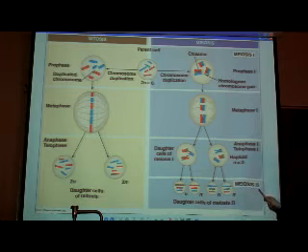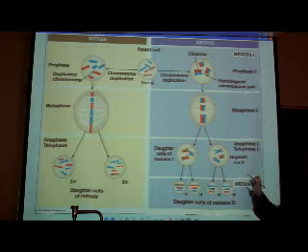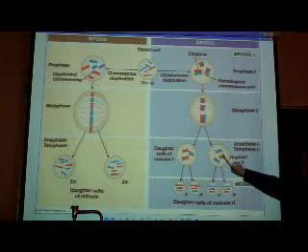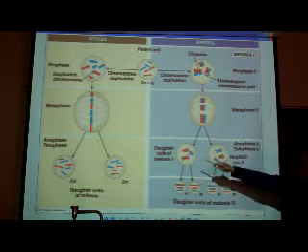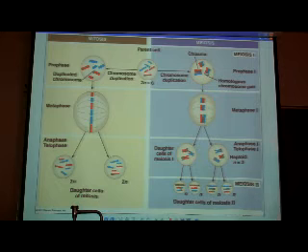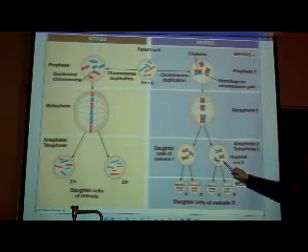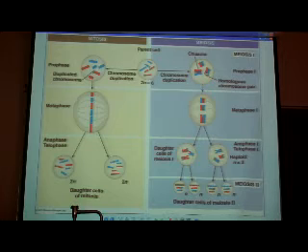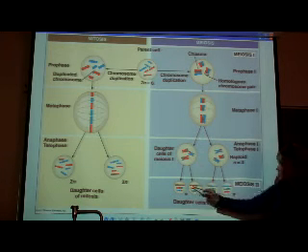This meiosis 2, the second part, is very similar to what we saw over there. So these 3 chromosomes, for example, are going to line up in the middle, single file, and in anaphase, the sister chromatids will separate, and bam, you'll have 2 new cells from this cell, 2 new cells from this cell.